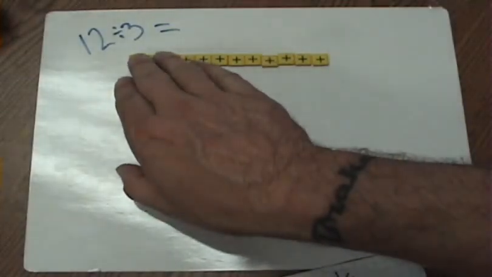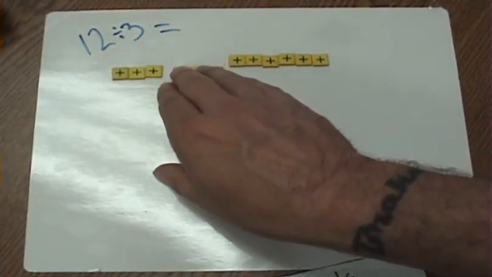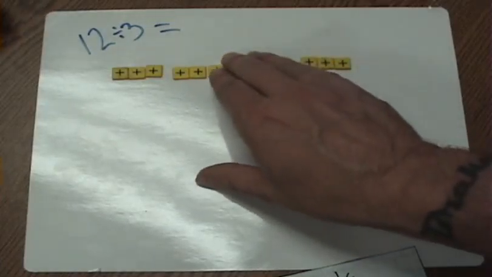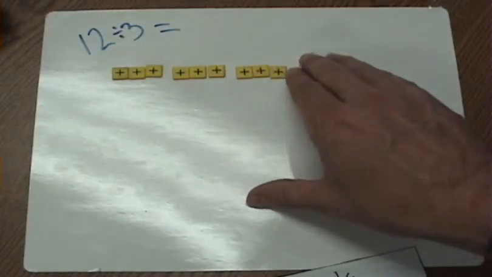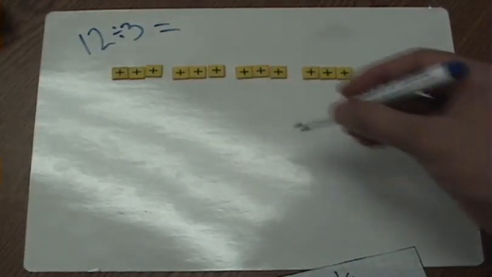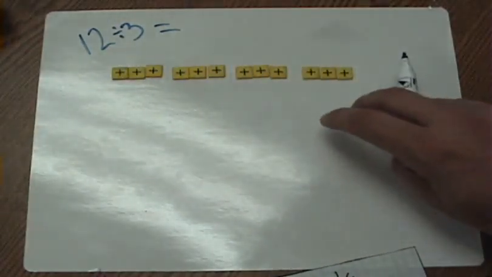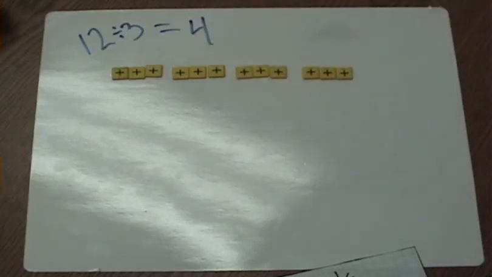I'd have a group of 3 there, a group of 3 there, a group of 3 there, and a group of 3 there. You notice that we have 4 groups. So 12 divided by 3 has to be equal to 4.